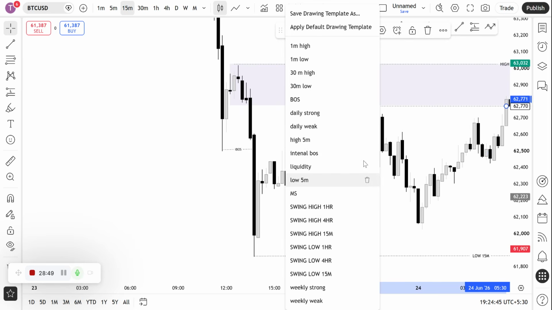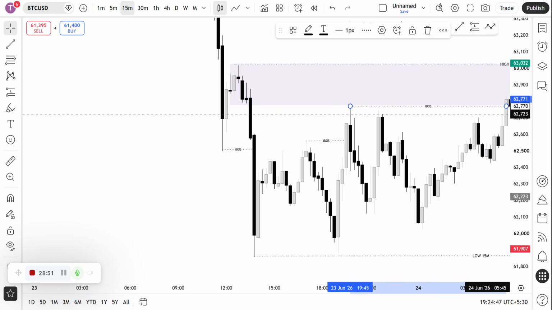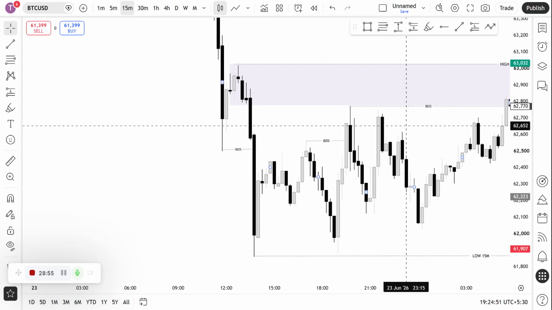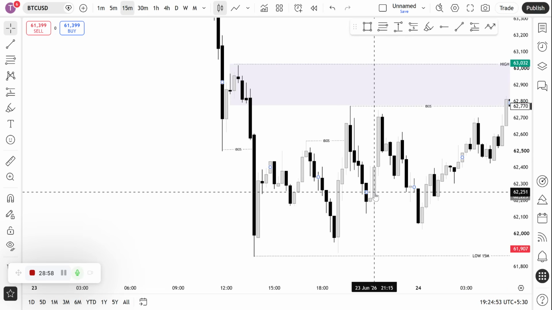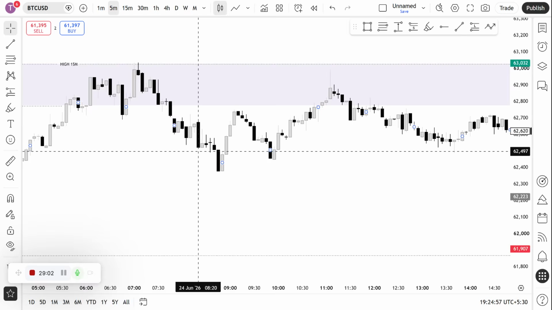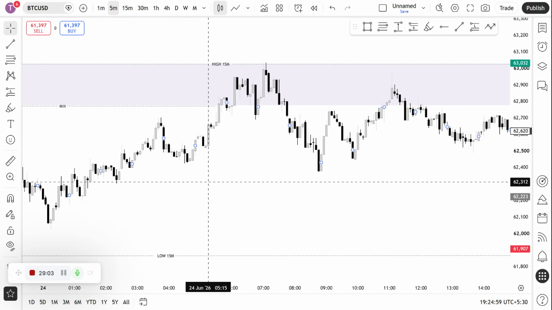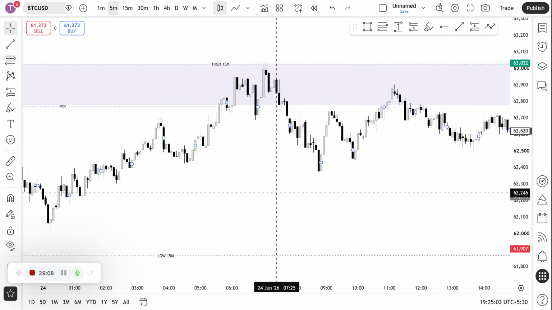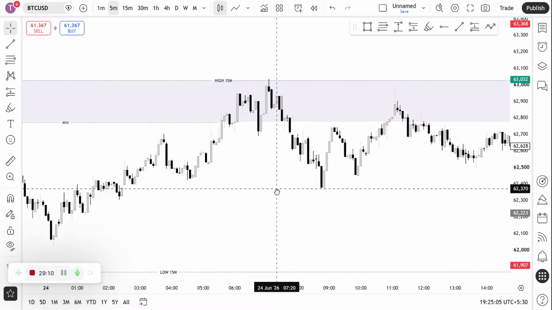As you can see right now, the candle closes above this high, which tells me that there's an internal breakout structure in the 15-minute time frame. And then I go to my M5, that's where I'm looking for my entry confirmation.